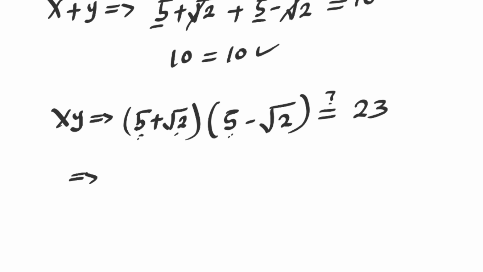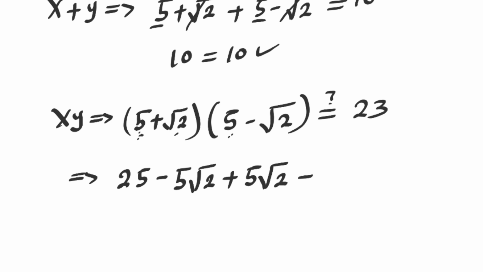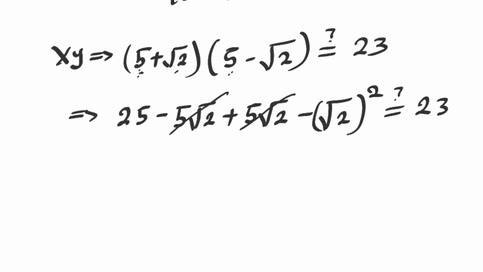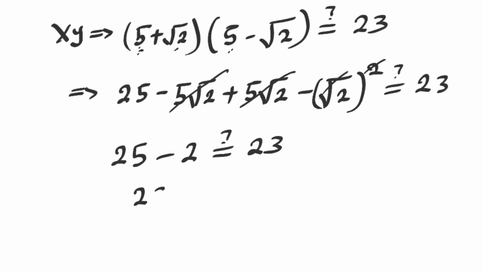Here we have 5 times 5, that is 25, minus 5 multiplied by root 2, that is 5 root 2, plus root 2 multiplied by 5, 5 root 2, minus root 2 multiplied by root 2, that is root 2 squared, must be equal to 23. This cancels this. We have 25 minus 2, this is 23, is equal to 23, which is true.